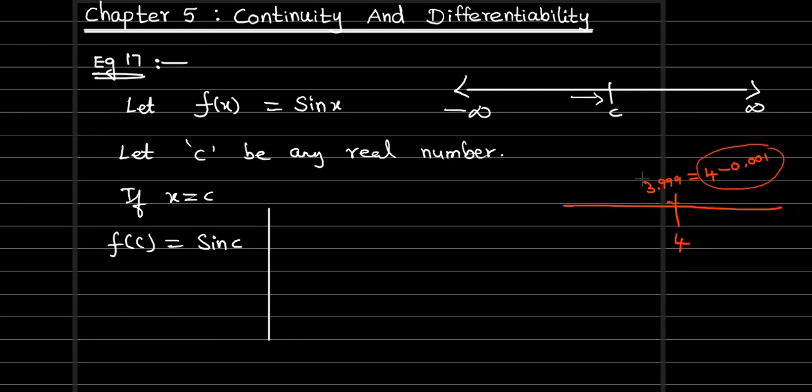Here it has to be understood that we get the close values from 4 only when we subtract one small real number, right? The same way, the close values of c on the left hand side, we can write in the form of c minus h, right? So we have the same 4, and a small real number is getting subtracted.